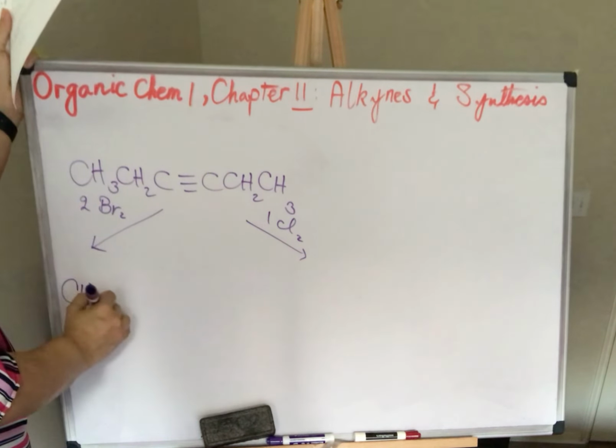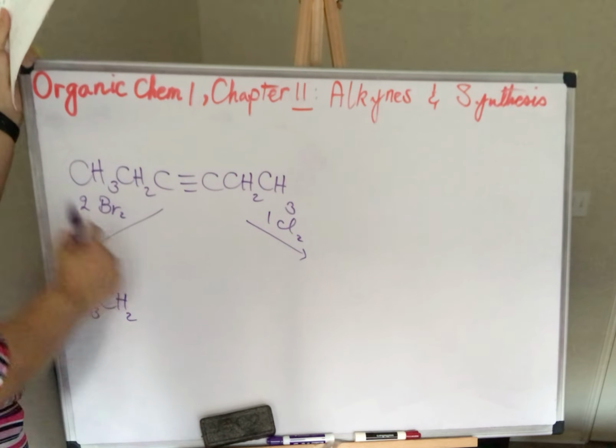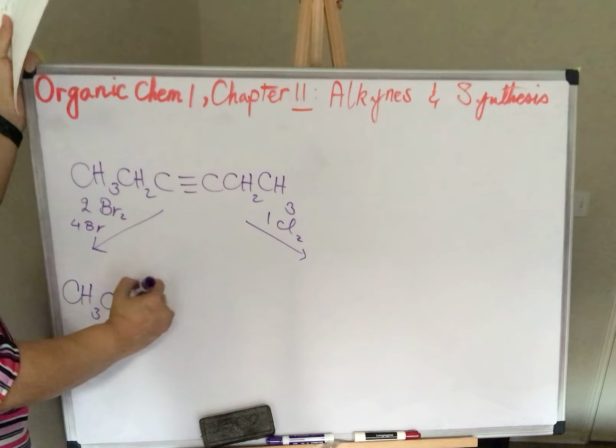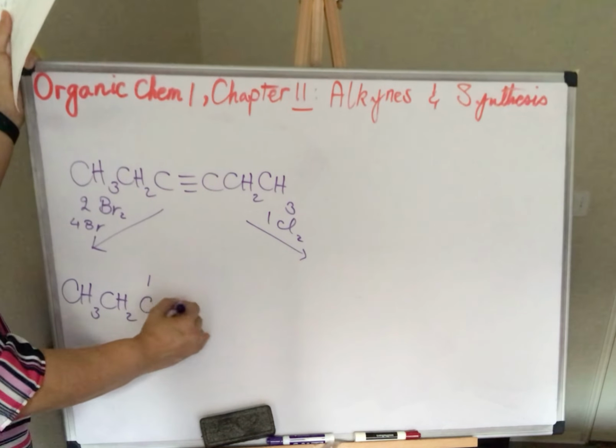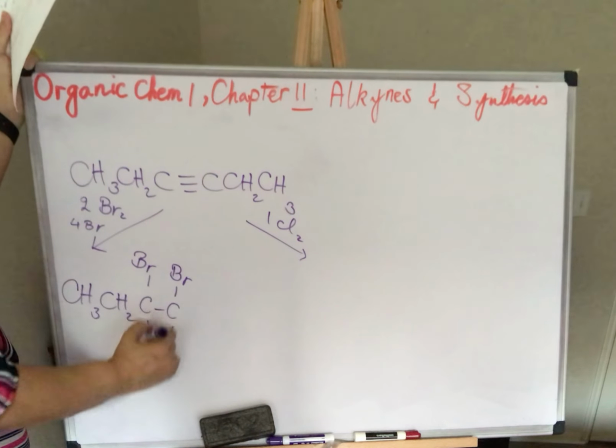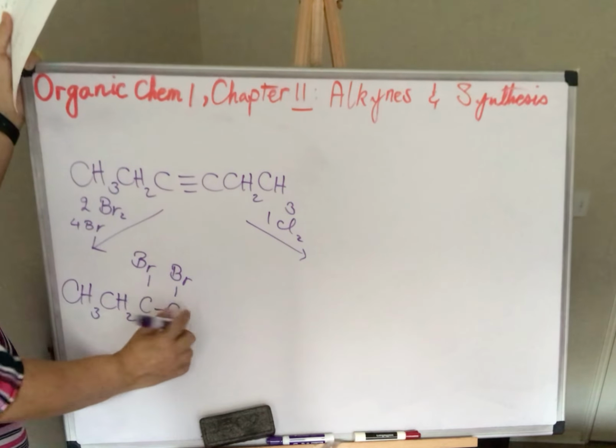So CH3, how many atoms? It means 4 bromines, right? So you have C, fully saturating means there will be no multiple bond. Everything will change to a single bond.